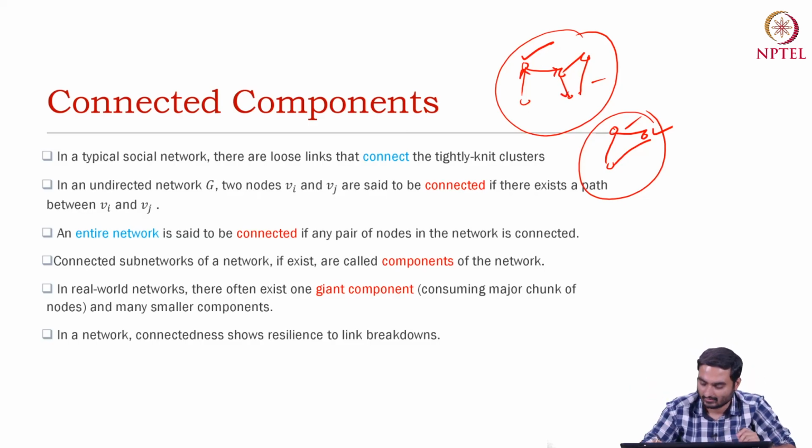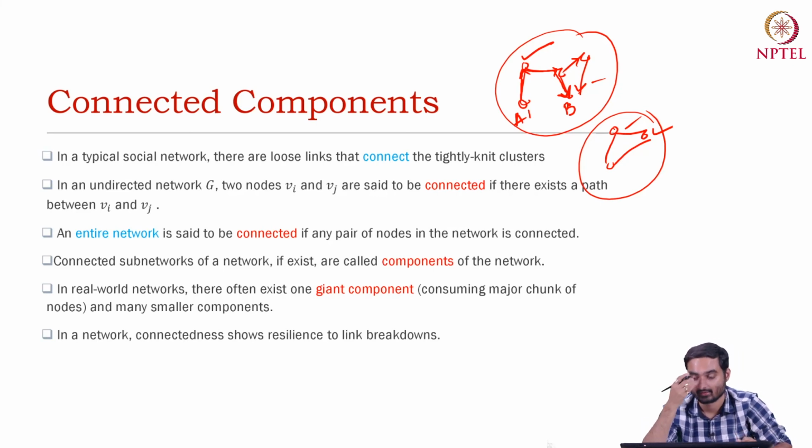Now remember, when I say that a graph is directed, say this is the direction, right? From A to B, you can move through the direction of the edge, but you cannot move from B to A because the direction does not permit you. Okay?